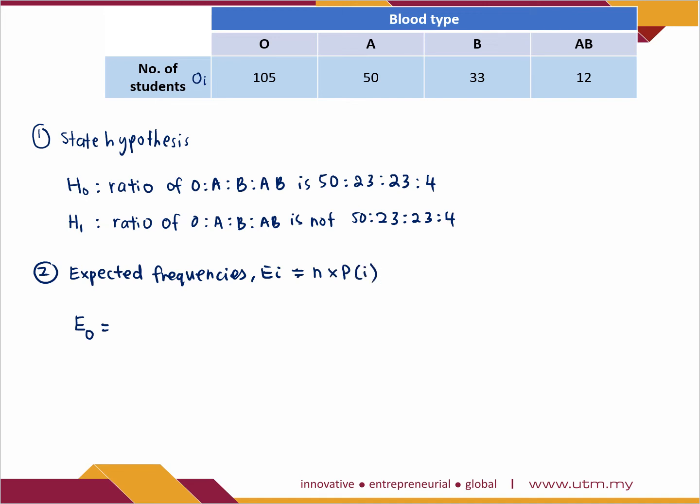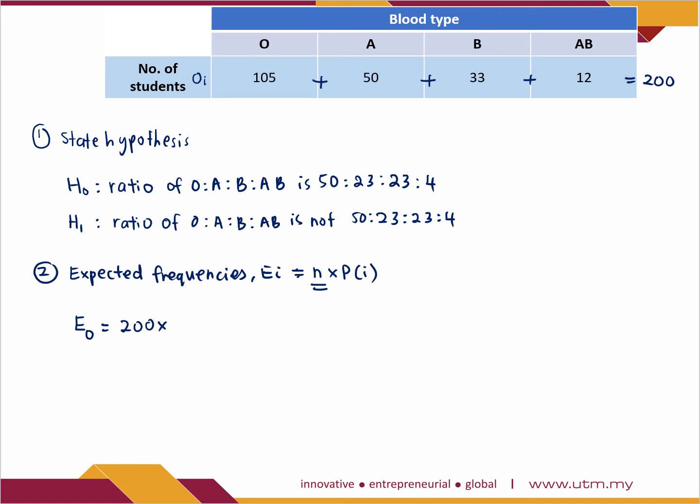The total of the sample is 105 plus 50 plus 33 plus 12, so the total would be 200 students. So 200 times the probability for that category.